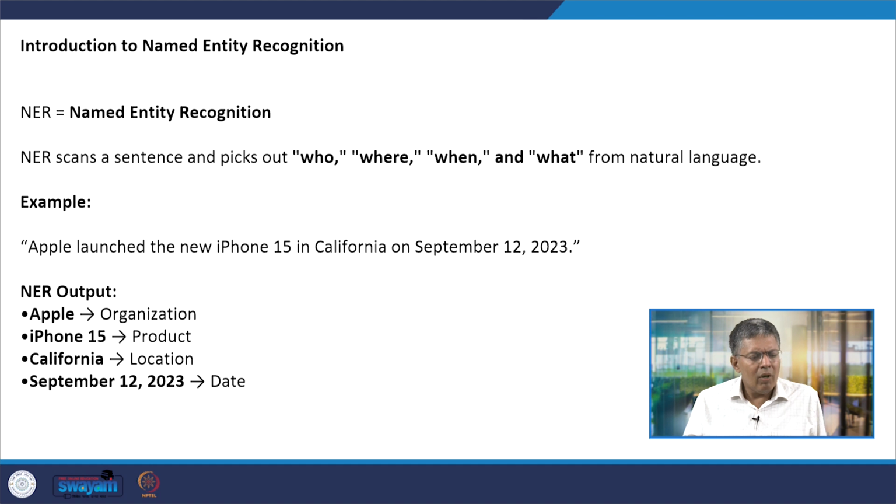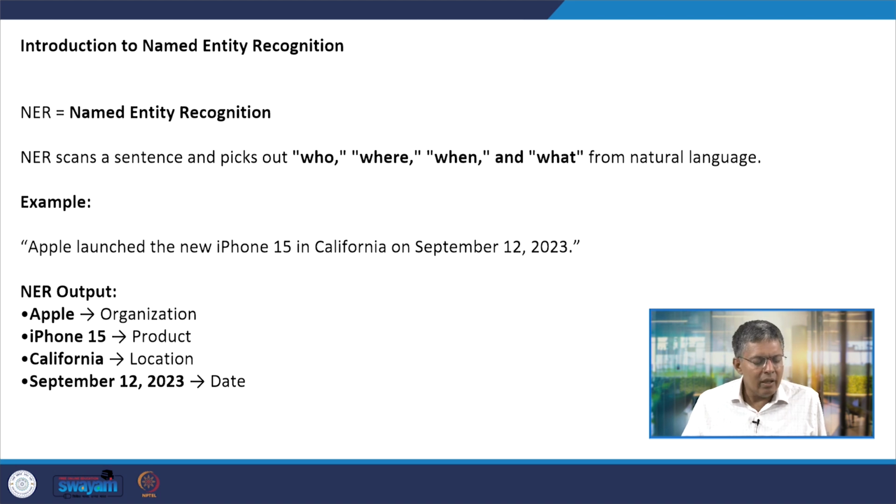So, NER, as we have understood, is called named entity recognition. It scans a sentence, it runs through a sentence and picks out the who, where, when and what, right. Now, look at this. Who means a person, where did it happen, when did it happen, what was the time, and what happened, right.